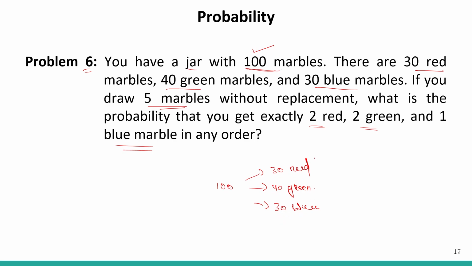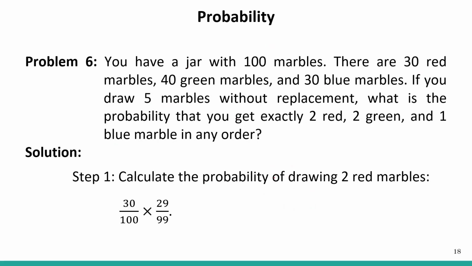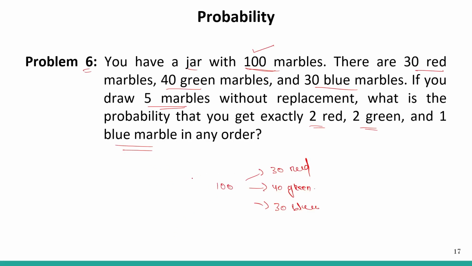So if you draw 5 marbles without replacement, what is the probability that you get exactly 2 red, 2 green and 1 blue marble? Okay, so calculate the probability of getting 2 red marbles. Out of 100, getting a red marble in the first draw is 30 by 100. After that, we subtract 1 from 100 because we have already drawn a red one.